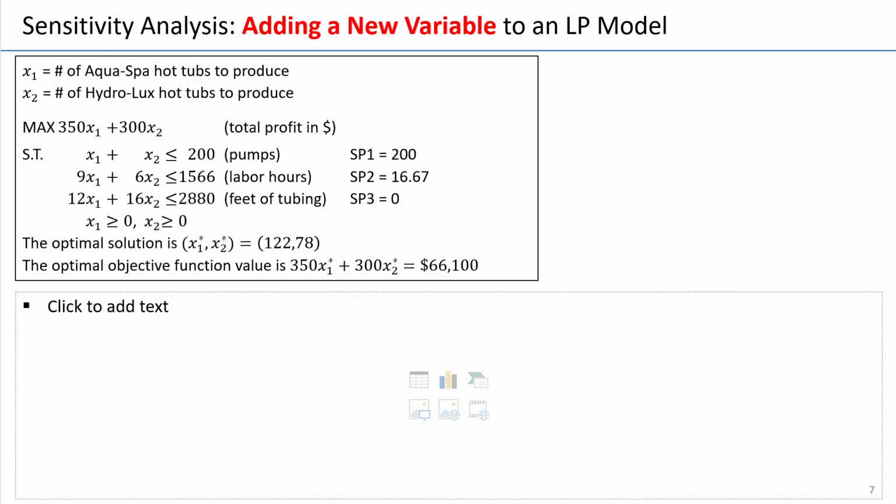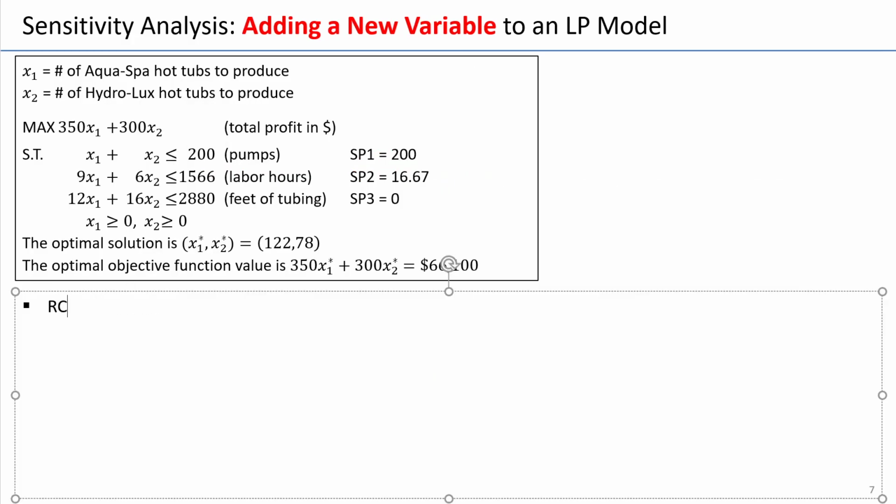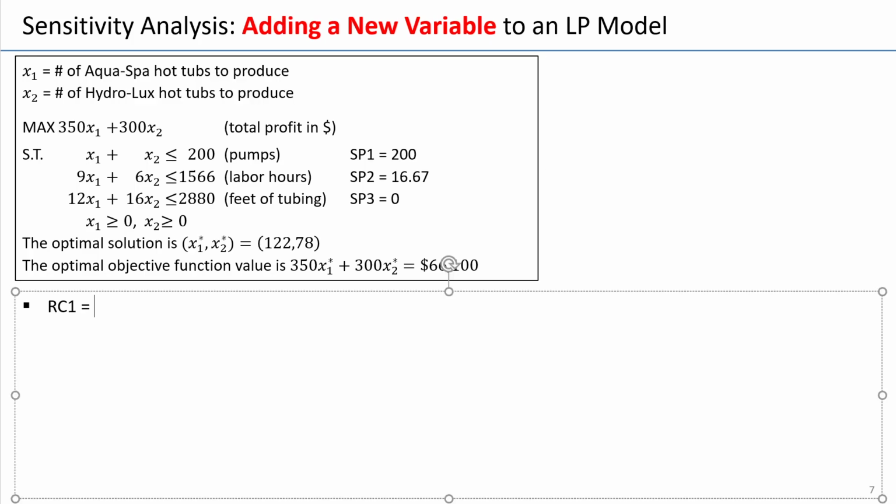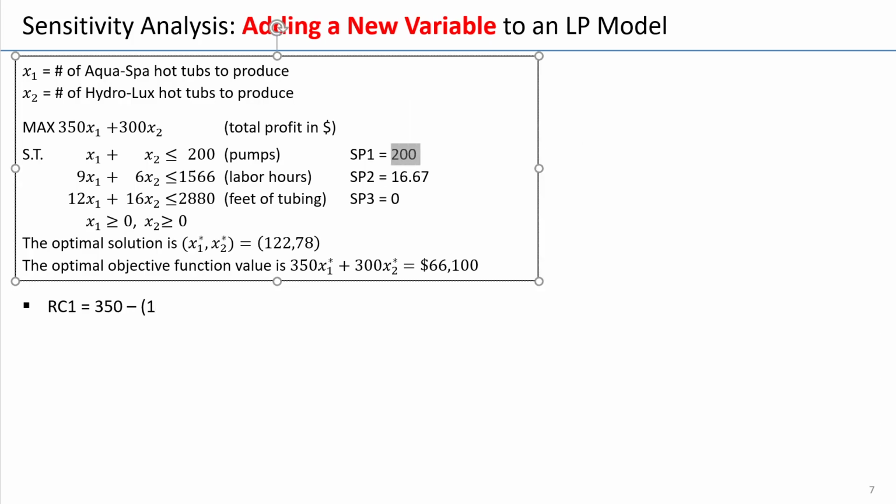What would it be here? The reduced cost for the first variable, x1, has an objective coefficient of 350, so profit contribution is 350, and then minus, how many resources does it use? It uses one pump, so it's 1 times shadow price 200, right?